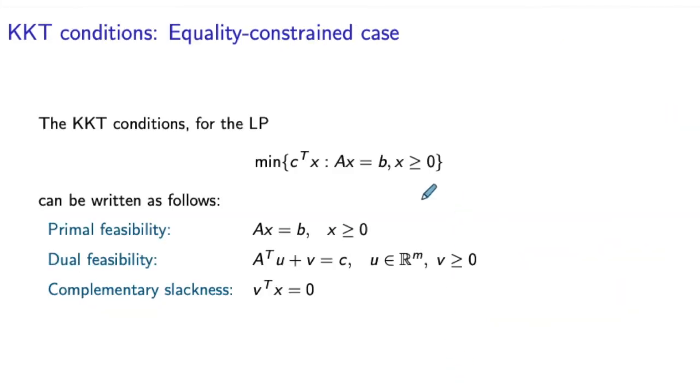As a result, we obtain the following optimality conditions in this case. So for primal feasibility, we have Ax is equal to b and x is greater than or equal to 0. For dual feasibility, it's A transposed u plus v equals c, and then u is unrestricted in sign, and v is greater than or equal to 0, and complementary slackness is just v transposed x is equal to 0.